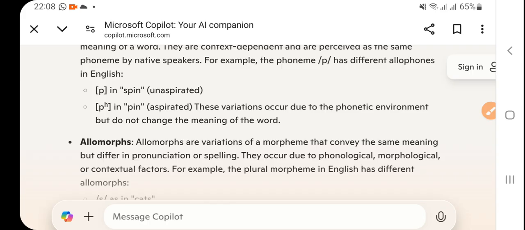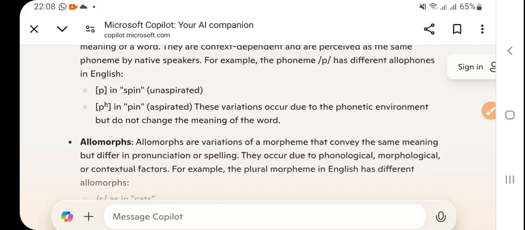Pin is aspirated because we have to fill the air in the front part of our mouth. So these variations occur due to phonetic environment but do not change the meaning of the word. That's pin and spin.